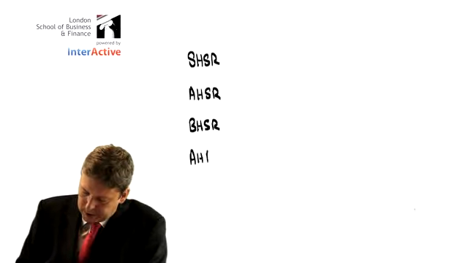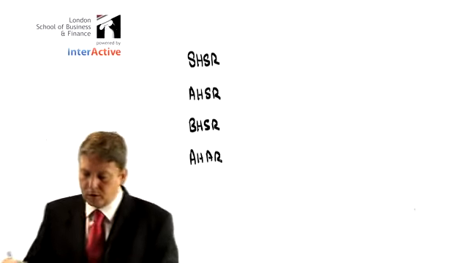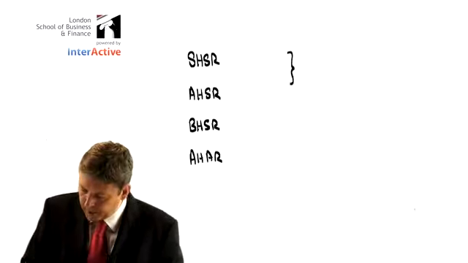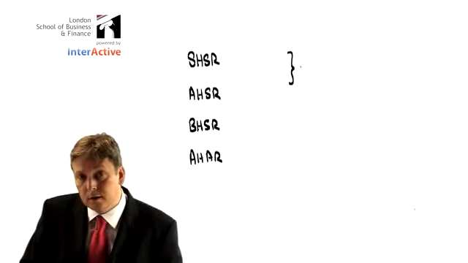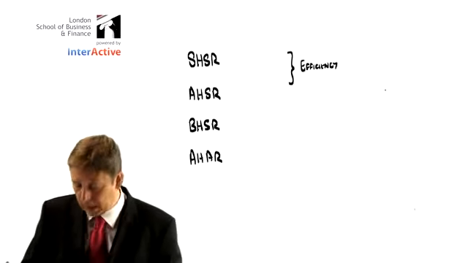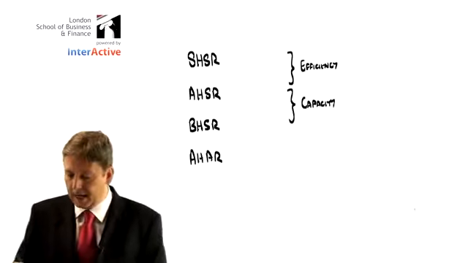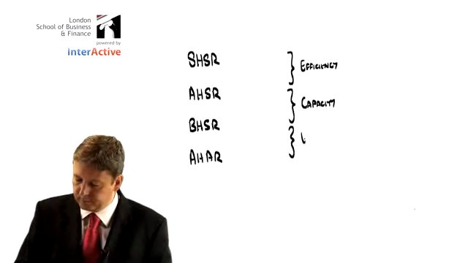And actual hours, actual rate. So we've got the components down. We know if we compare the first two, we get the, yes, the efficiency variance. What about the next two? Yes, the capacity variance. And the final two? Well, yes, that's the expenditure.